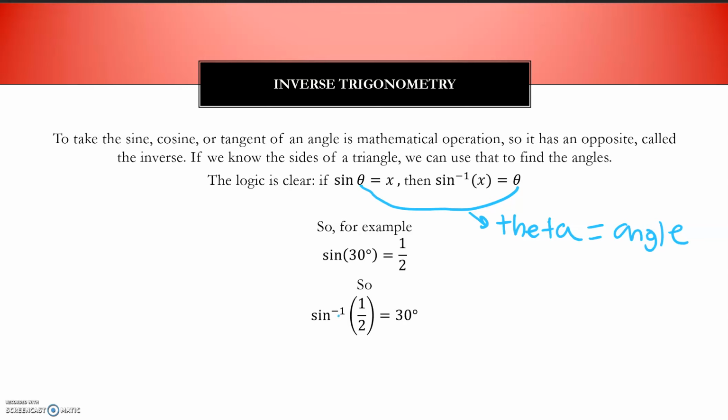This notation, this -1 exponent, means inverse sine. And so if you have cosine, it would be cos -1, put in the value. So if we take the inverse sine, the inverse cosine, the inverse tangent of a number, we should get the angle. There are several rules that you should know in geometry.